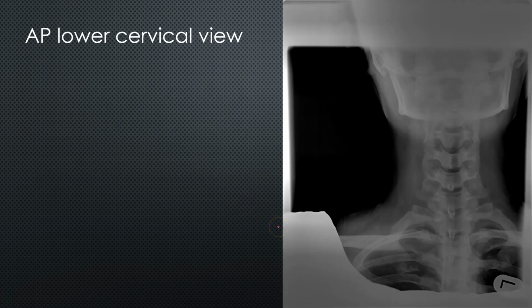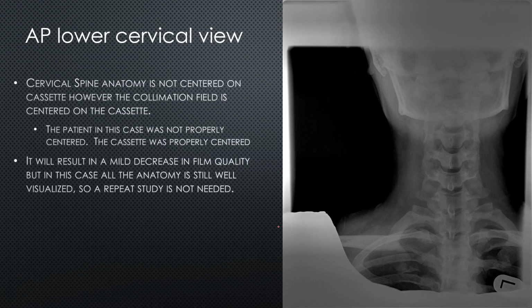Here we have another example of an A to P lower cervical view. And we can see the entire cervical spine. There is a tube tilt. However, the spine itself is not centered on this film.